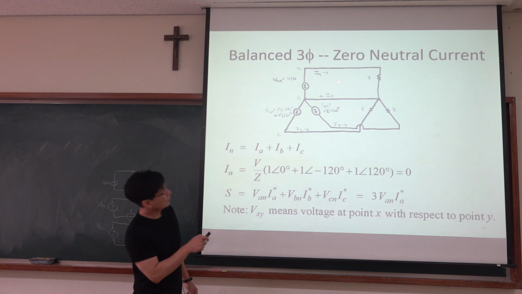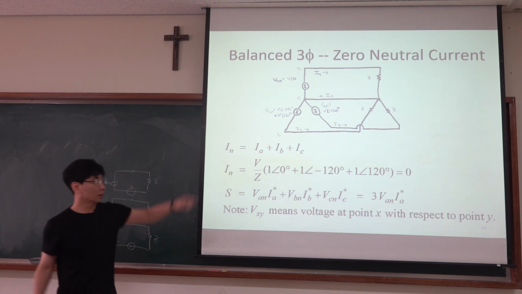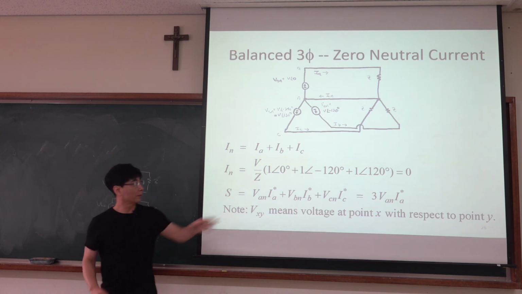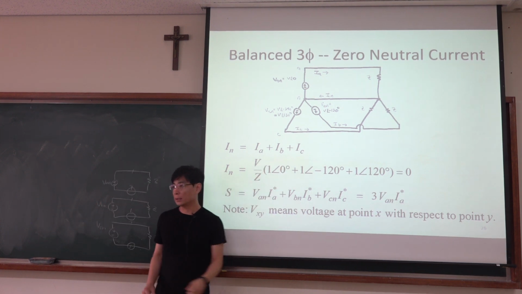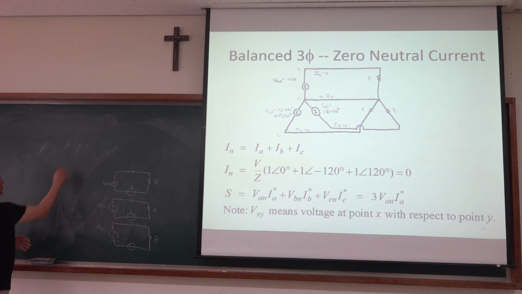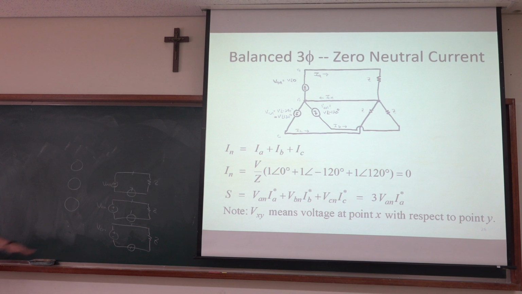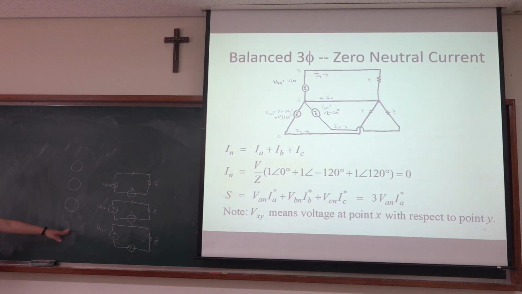So there is some small neutral current, but that IN neutral current is much, much smaller than IA or IB or IC. That means the diameter of line A, line B, line C is like that. Then the neutral line is just this much. It uses much less copper.